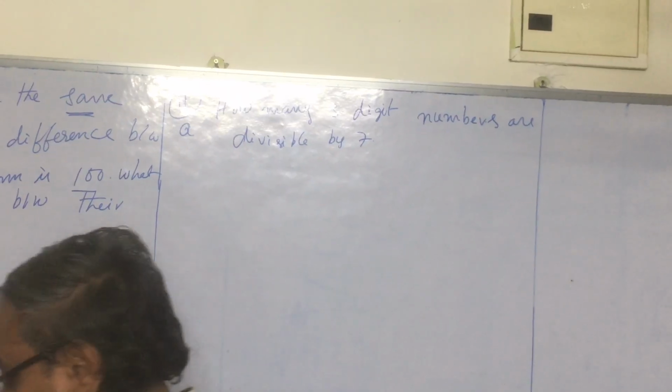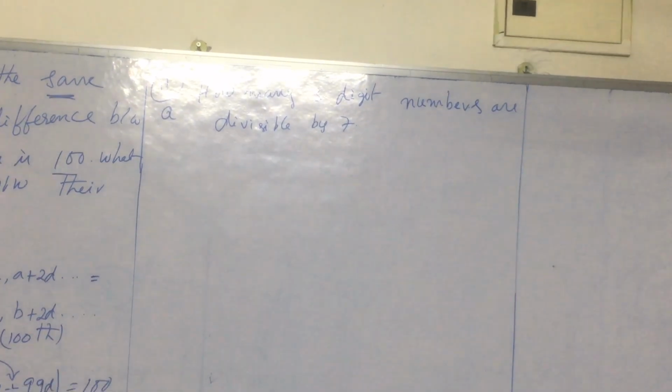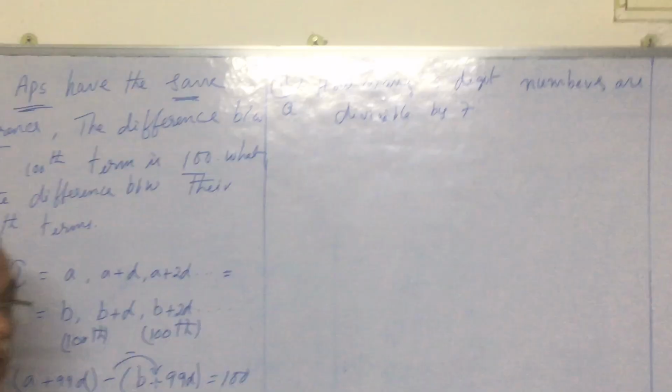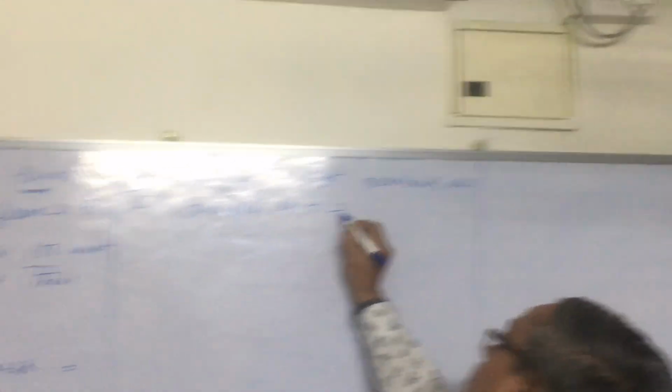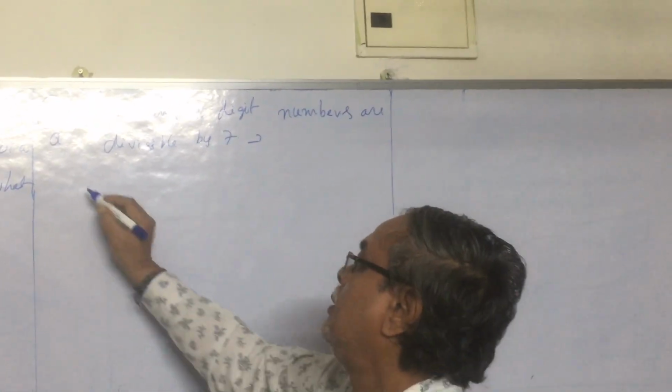Look at this problem. It is a very, very important problem. Look at it clearly. What does divisible by 7 mean? Where does a 3-digit number start?